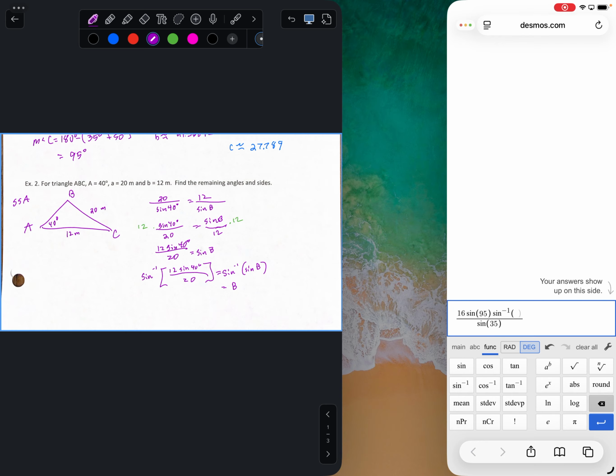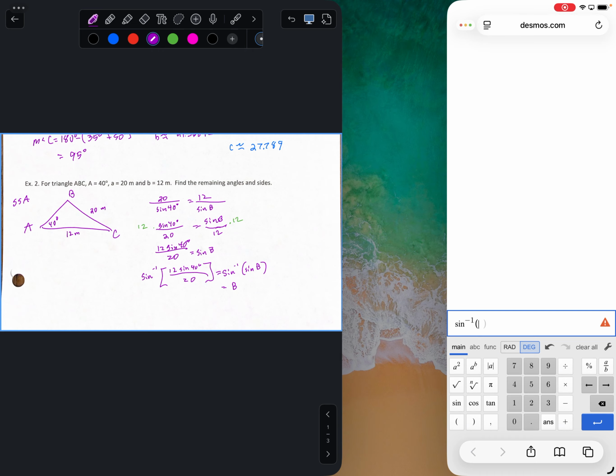And I need to find the inverse sine. Oops, I guess I need to clear first. And then I can do this just 12 sine 40 divided by 20.